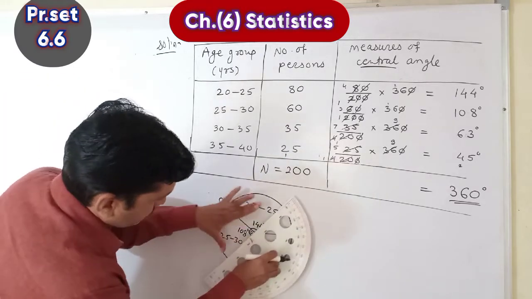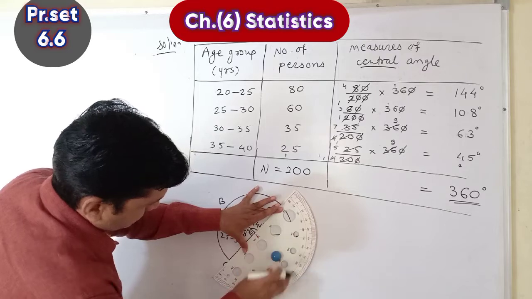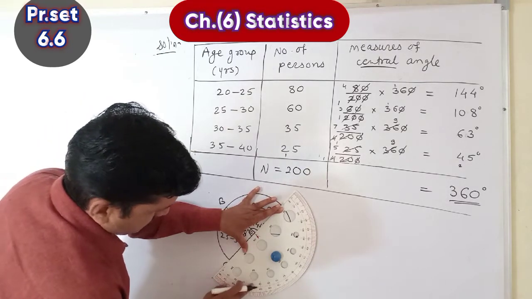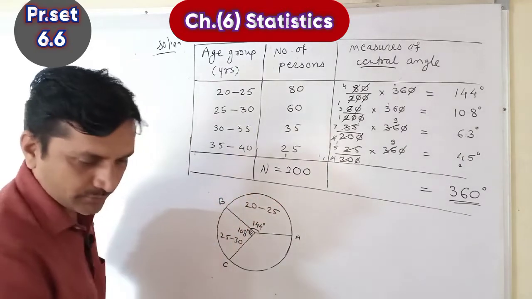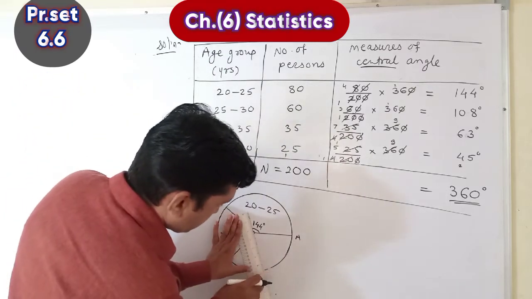Third is 63. On OC we have to keep, here radius is OC, we want 63. See 63 from here, 60 is here, 63 is here. I plot the point first and using scale draw radius.